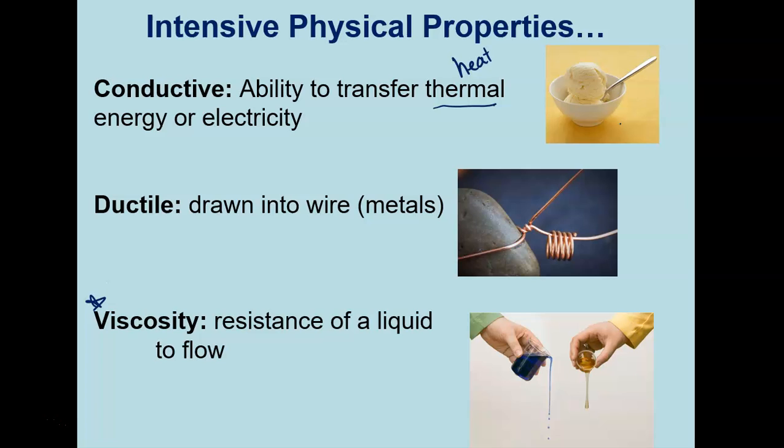And viscosity is the resistance of a liquid to flow. Your teacher will talk to you a little bit about that in class. Just think of it as something like comparing syrup versus water, or molasses versus water, if you know what molasses is. It's just that resistance to flow.